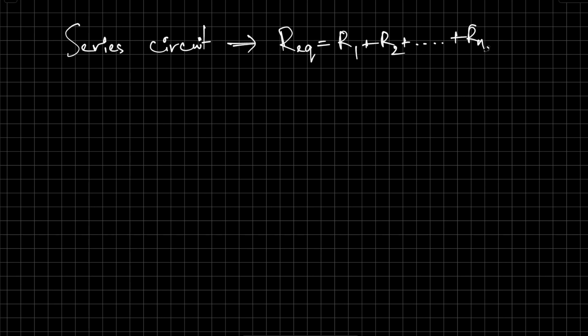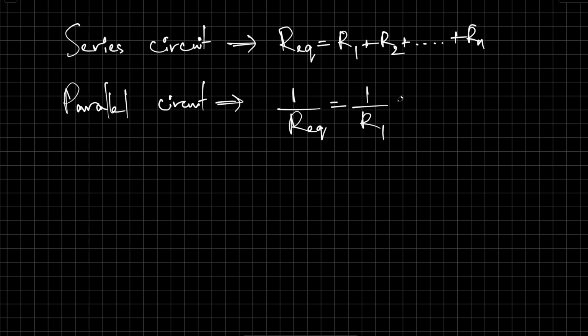For series circuits, the equation is Req equals R1 plus R2 plus etc. up to Rn for n number of resistors. For a parallel circuit, the equation is 1 over Req equals 1 over R1 plus 1 over R2 plus etc. plus 1 over Rn for n number of resistors.